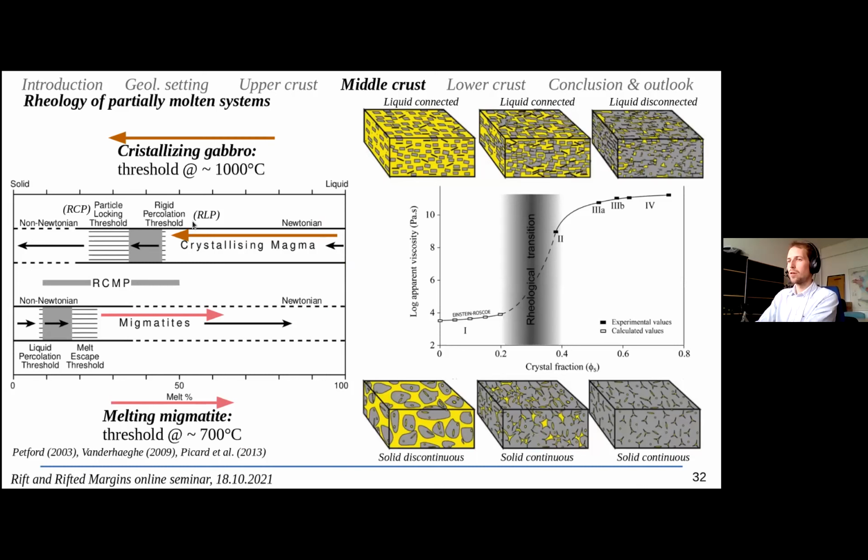And this is caused by the different rheological limits we have in a partially molten system, where we have, when crystallizing a gabbro, a threshold that will occur at around 1,000 degrees, whereas the melting migmatite will have a switch of rheology, decrease of viscosity that will occur way below. And this will allow deformation of the host rock, whereas the core of the intrusion behaves as a more rigid and highly viscous body.